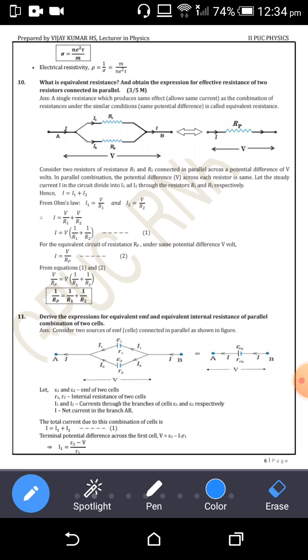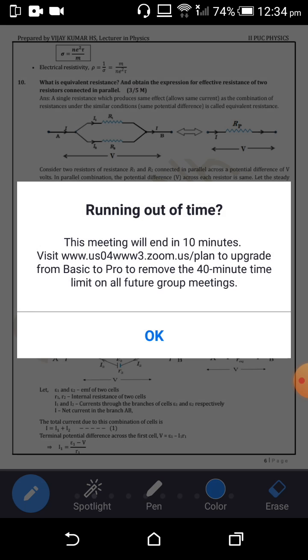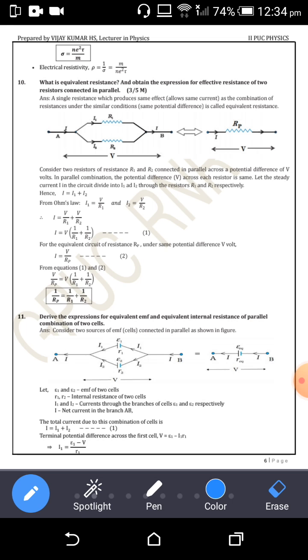first of all, they have asked what is equivalent resistance. Let us go through that. Definition: a single resistance which produces the same effect, that means allows the same current as the combination of resistances under similar conditions, that is the same potential difference, is called equivalent resistance.